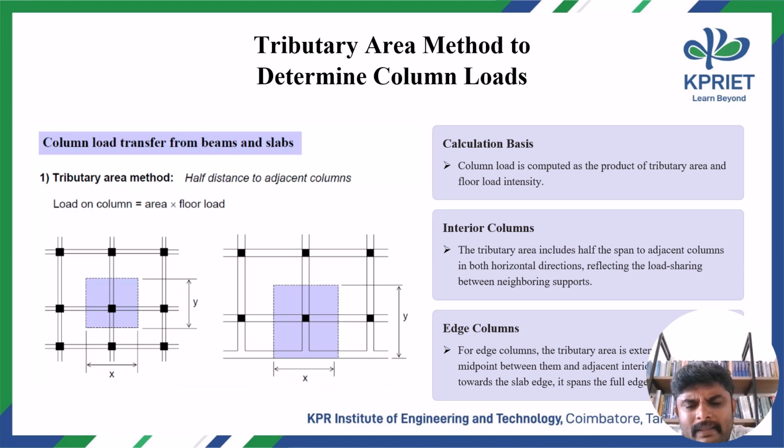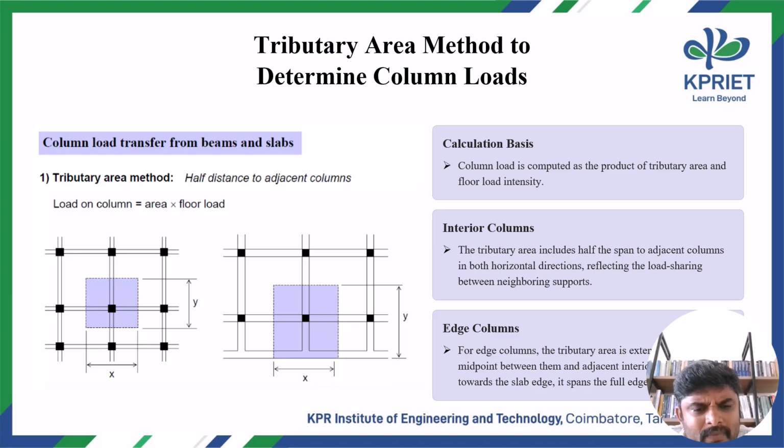And then the main thing is the tributary area method, to determine the column loads. The tributary area method means, for example, consider this column. How do we find the load transferred to the column? The load acting on the column is from half the distance to the adjacent columns, so load on column is equal to area into floor load.